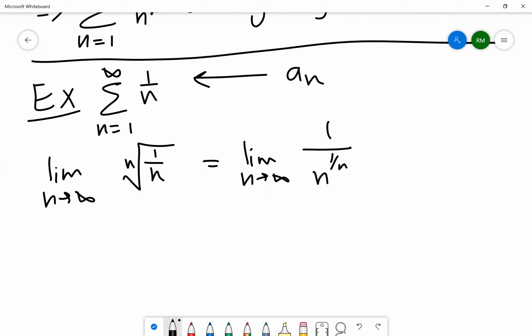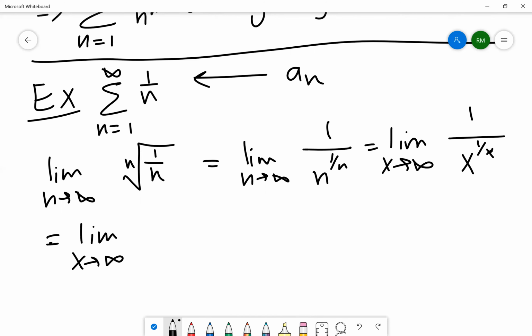So I'm going to do this limit. So this should be the same as the limit as x goes to infinity of 1 over x to the 1 over x, which is the same as the limit as x goes to infinity of x to the minus 1 over x.